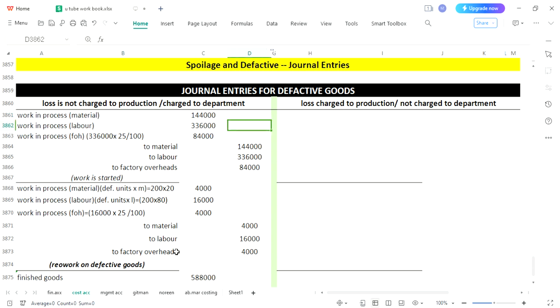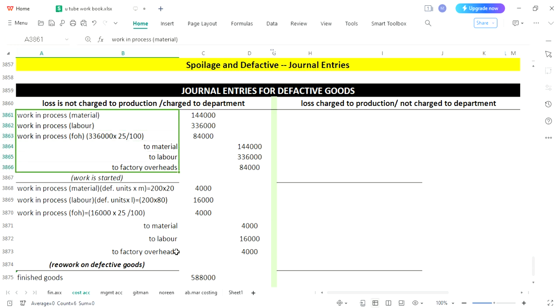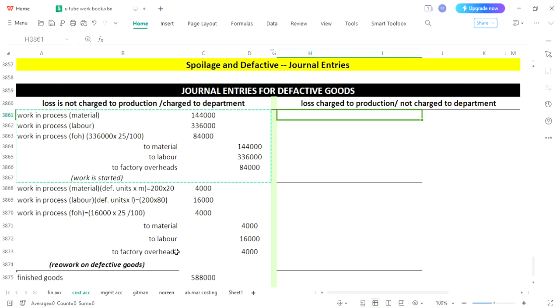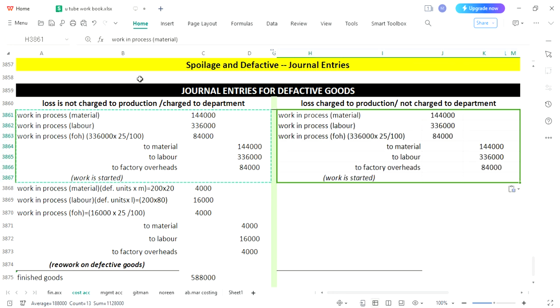Okay guys, what is the good news for you? The first entry for defective goods would absolutely be the same for the second portion. Why are we doing the second portion? The heading is in front of you, and look over here: when loss is not charged to the production and when loss is charged to the production.